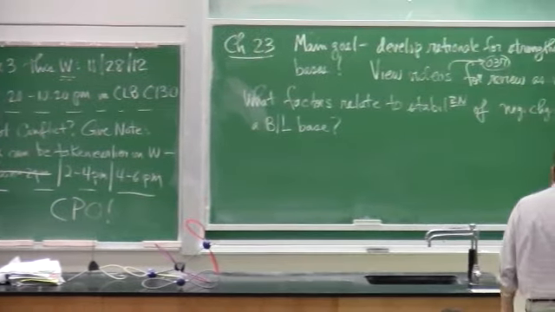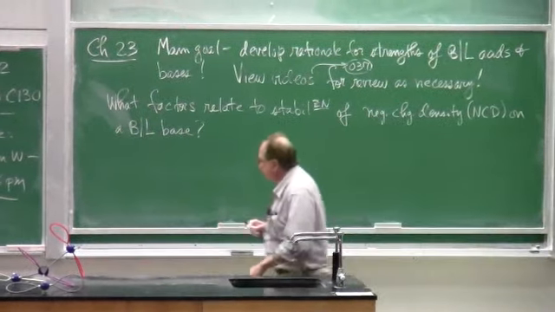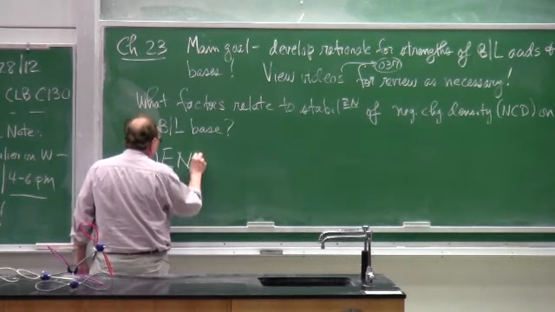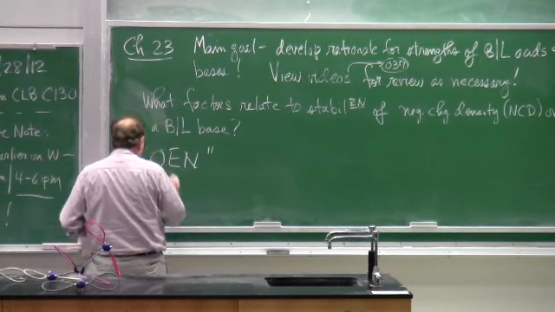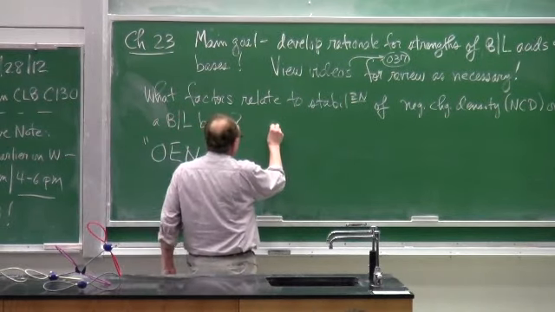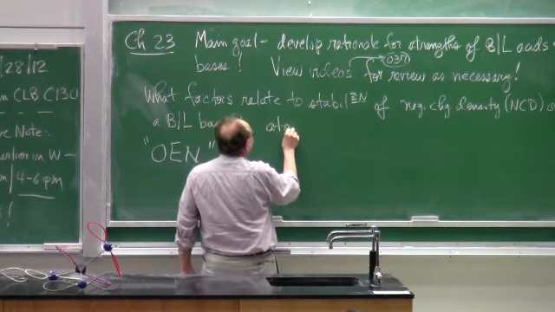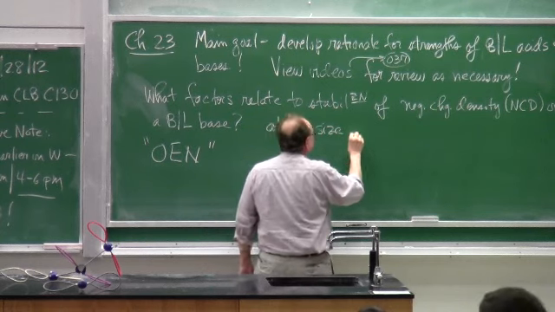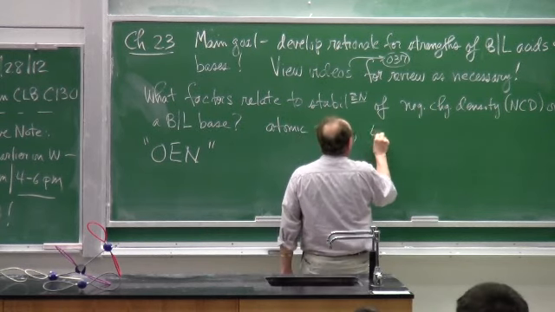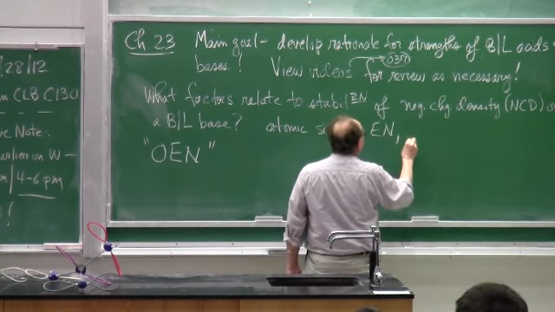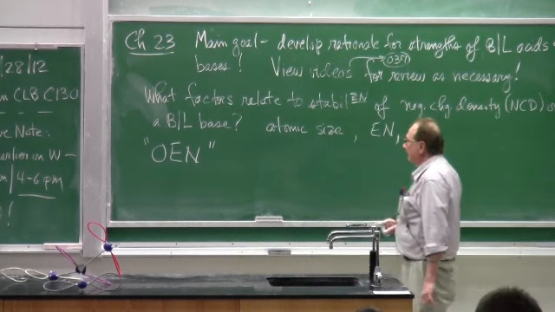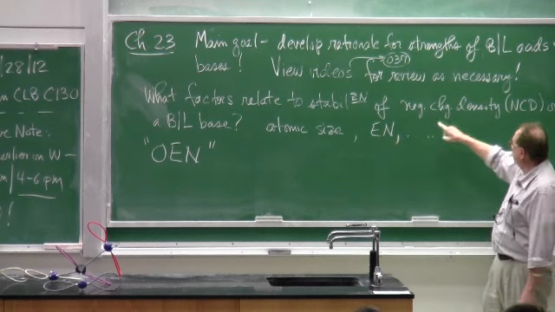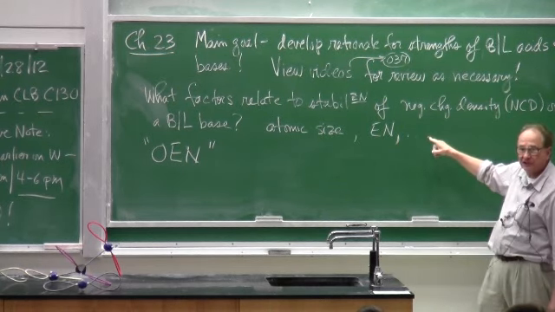Now, with that having been said, we'll list atomic size, we'll list electronegativity as factors upon which negative charge density stabilization depends.